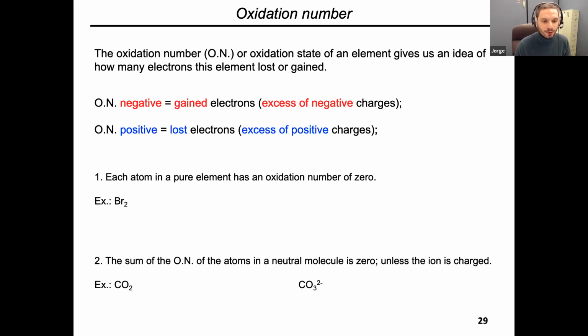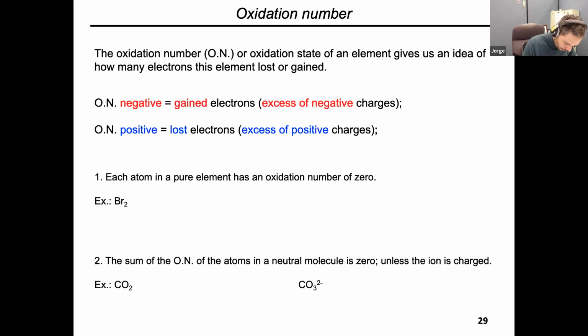Okay, so first rule, each atom in a pure element has an oxidation number of 0. So that means any compound that's formed by just one element, the oxidation number of the element is 0. For example, bromine bonded to bromine falls in the first case, and that means the oxidation number of each bromine is 0.